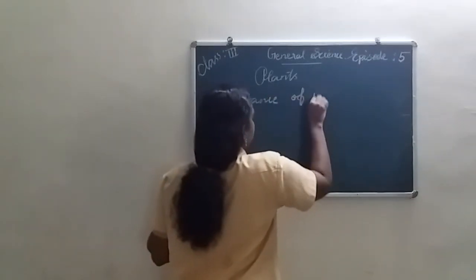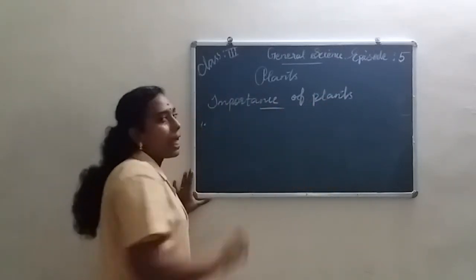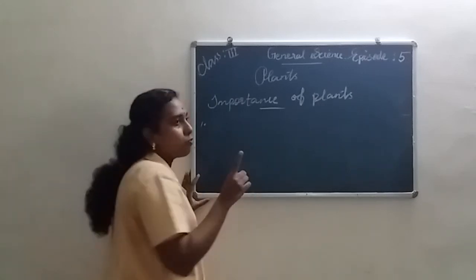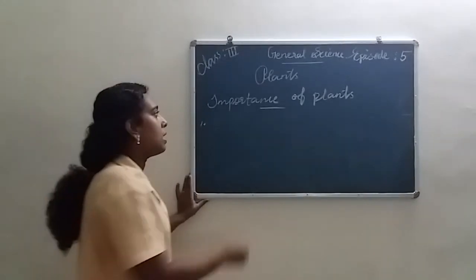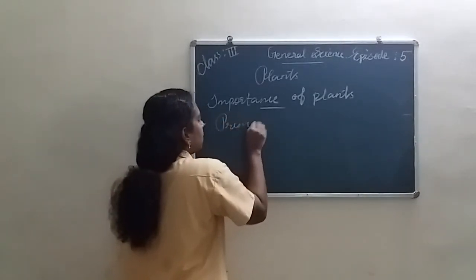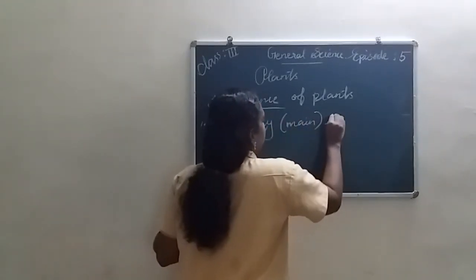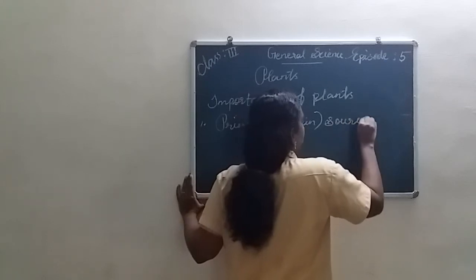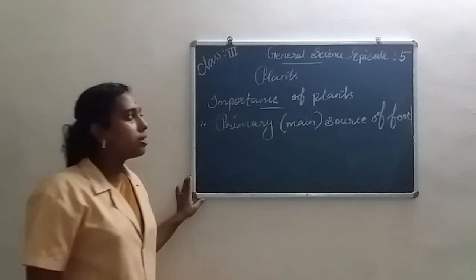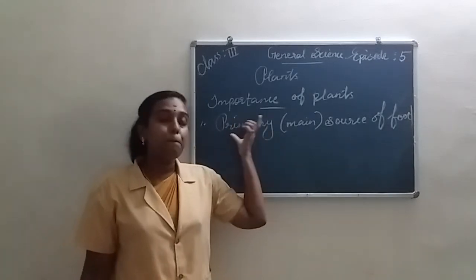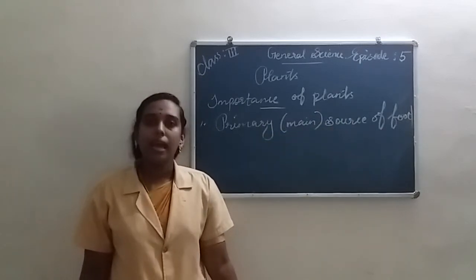Importance of plants: the first one is plants are the main source, or primary source, of food. Okay, the first importance of plants is that they are the primary or main source of food for human beings and animals.